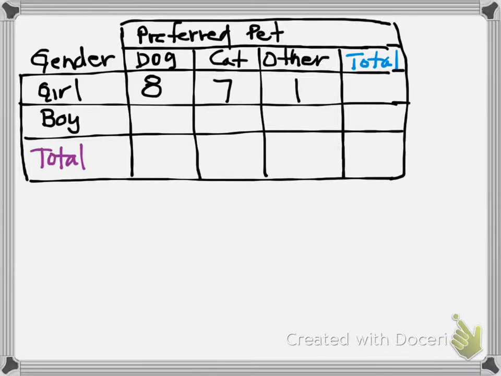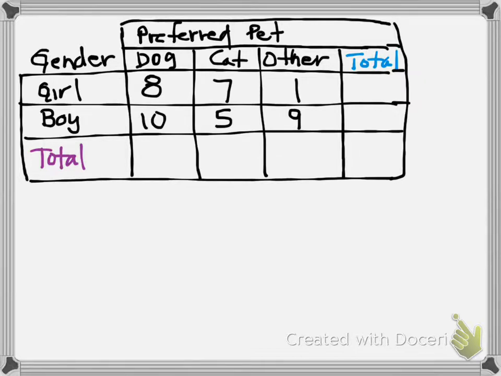The boys she spoke to, 10 of them liked dogs, 5 of them liked cats, 9 of them liked other animals. Okay. Now, what we can do in these total columns, we can get how many people like dogs, how many people like cats, and how many people in total like other animals. So let's do that.